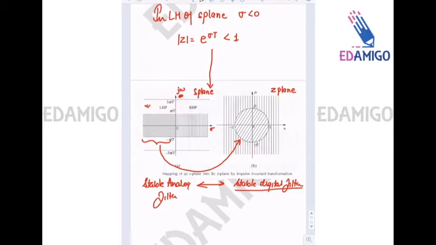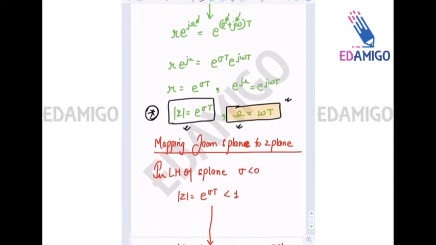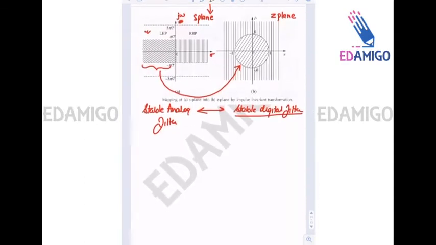Okay, but one very important point here is that if we look at this equation, in the z plane, z is equal to r e to the power j digital frequency, and this digital frequency is always from minus pi to pi only.